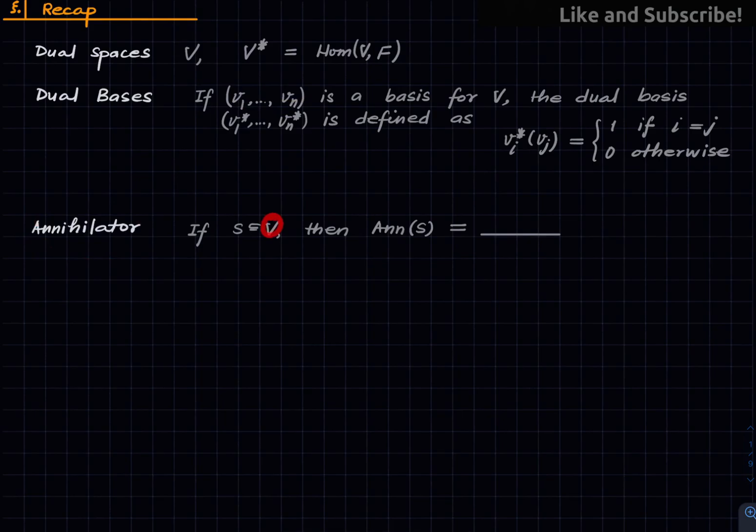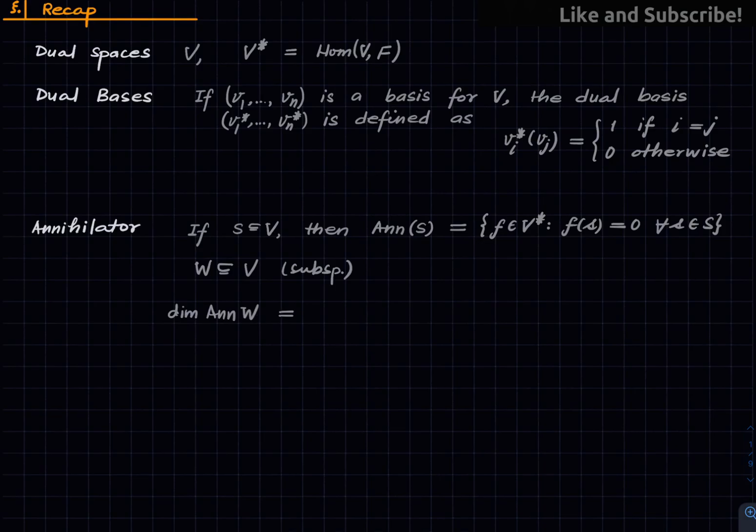If V is a vector space and S is any non-empty subset of V, then recall that we defined the annihilator of S as all those linear functionals which kill every element of S. And we noticed that this is a subspace of the dual, and we also derived the fact that if W is a subspace of V, so this time it's a subspace, not just some subset, then the dimension of the annihilator of W is the dimension of V minus the dimension of the subspace. Okay, so we will use these facts, and with that, let us proceed.